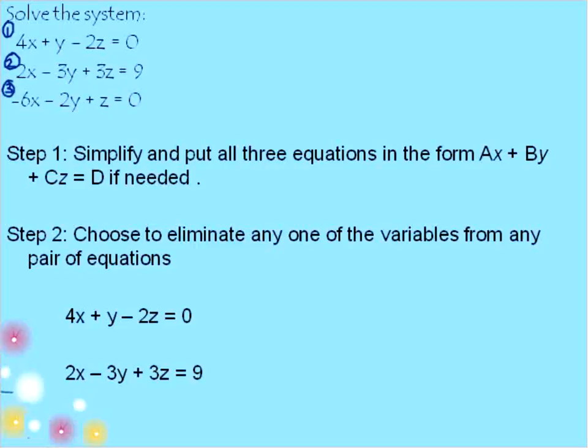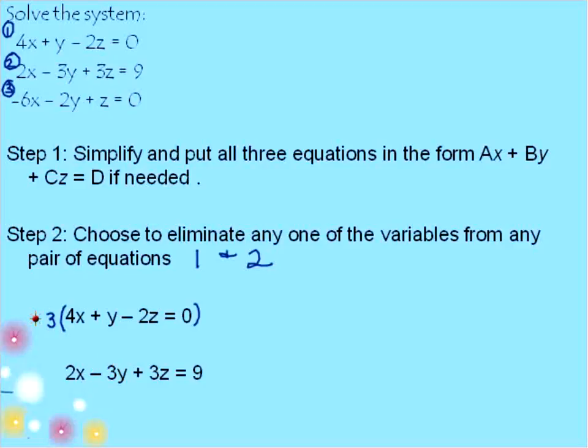So I'm going to eliminate a variable just like we've been doing. I look at this one and I'm going to choose to eliminate y. So what I'm going to do then is multiply the top equation by 3. The reason I'm choosing 3 is because the bottom equation has a y coefficient of negative 3.